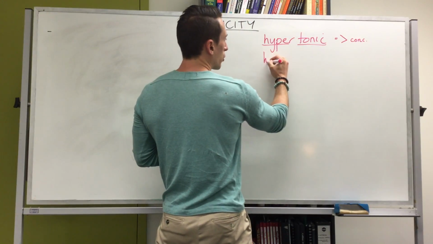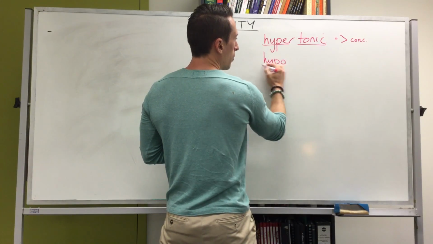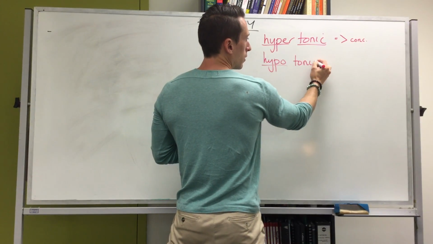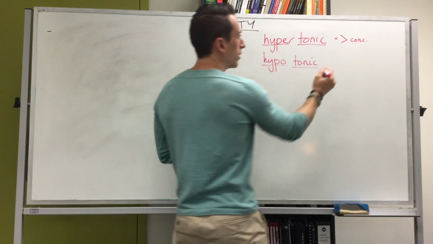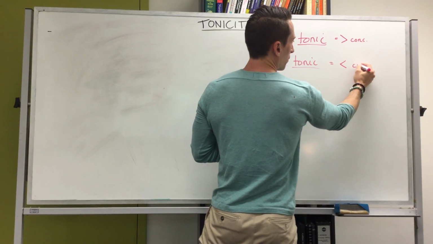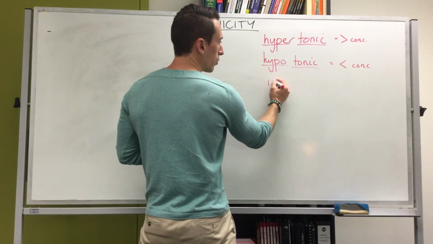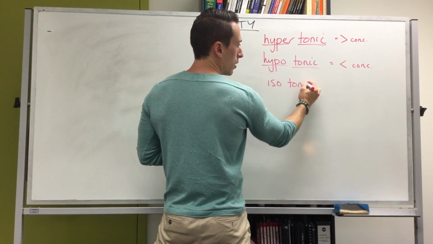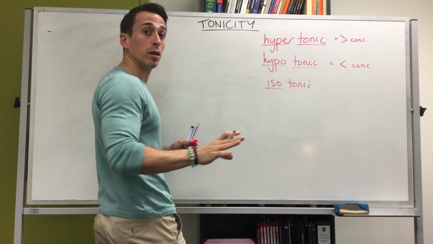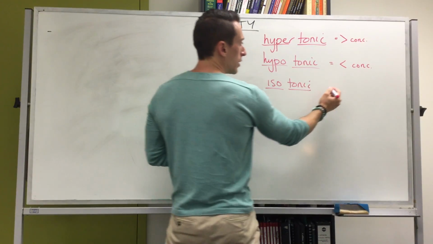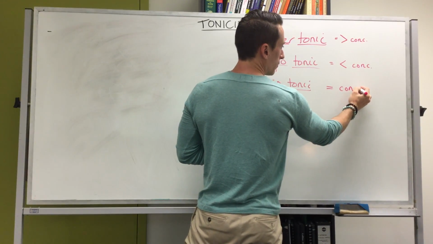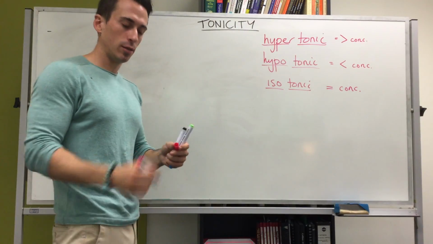What about a hypotonic solution? A hypotonic solution is less concentrated than inside the cell. And what about a solution that's called an isotonic solution? Iso means same, and tonic is concentration, so it's the same concentration as inside the cell.